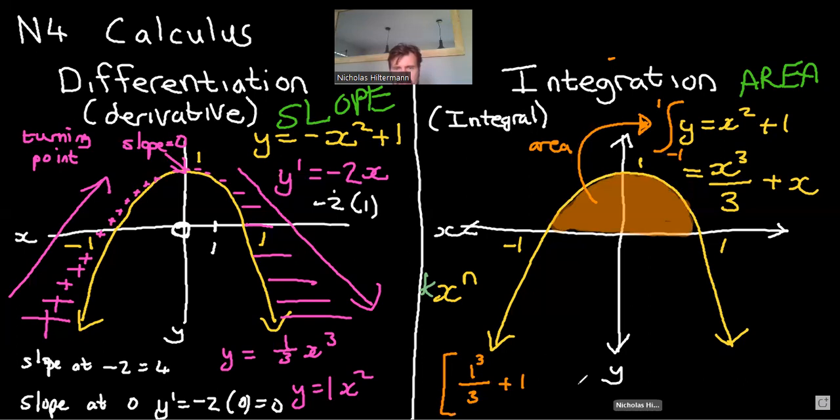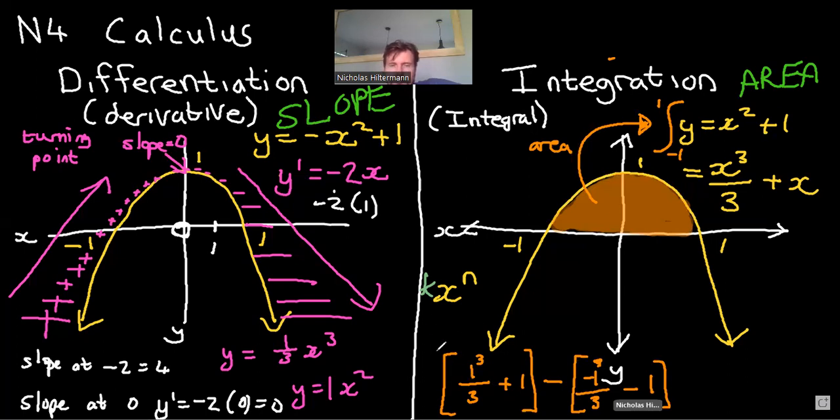I'll say minus the other area, which is -1 cubed over 3, and then -1. And so I can get those values.